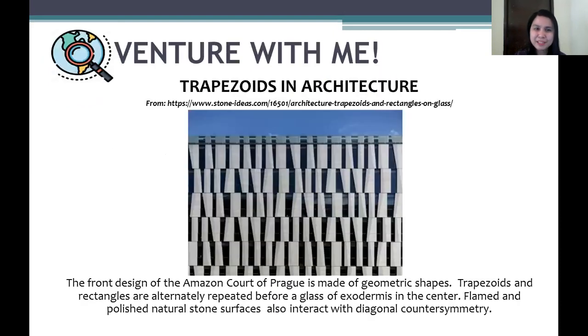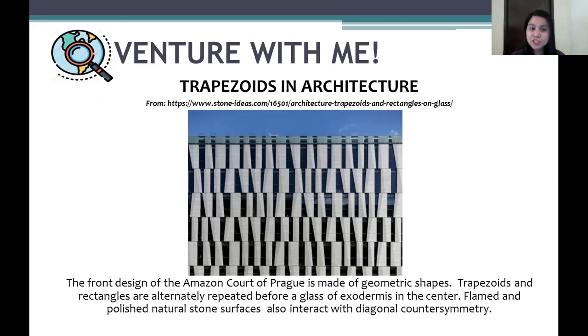If you see this building, this is a building with trapezoids as its architectural design. The front design of the Amazon Court of Prague is made of geometric shapes. Trapezoids and rectangles are alternately repeated before a glass facade in the center.